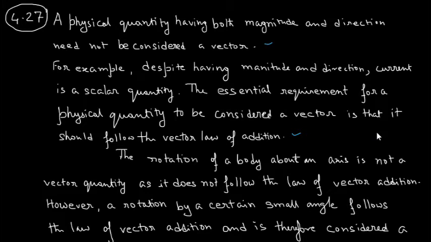The rotation of a body about an axis is not a vector quantity as it does not follow the law of vector addition. However, a rotation by a certain small angle follows the law of vector addition and is therefore considered a vector.